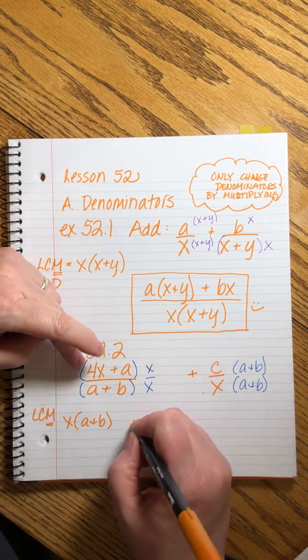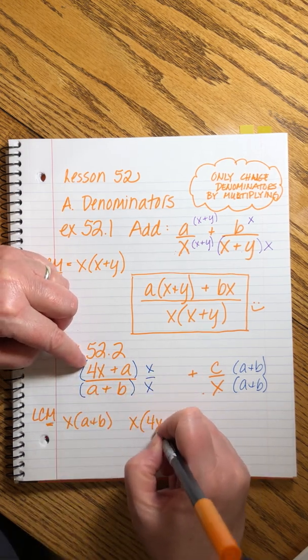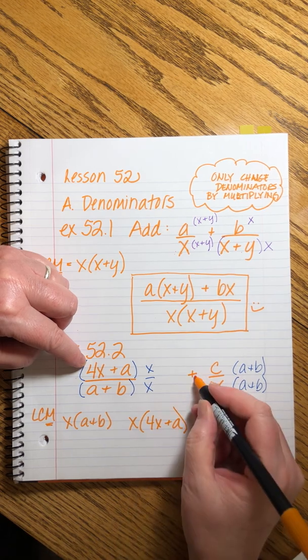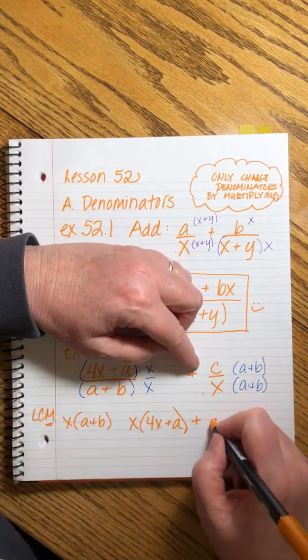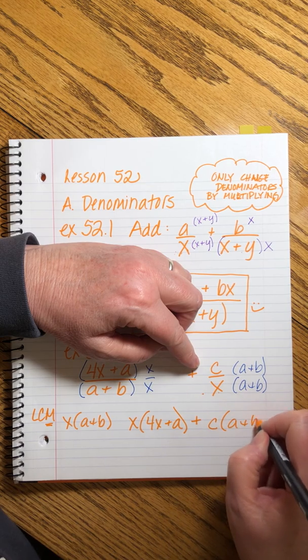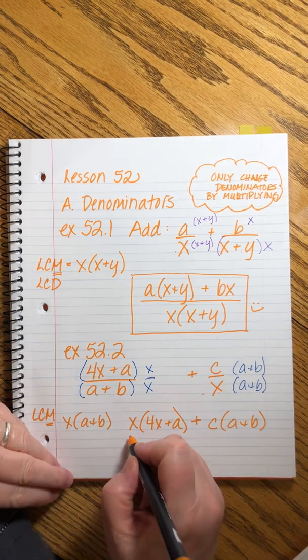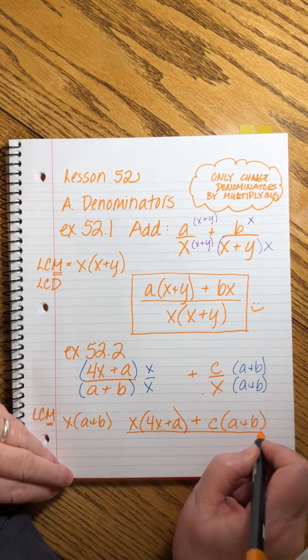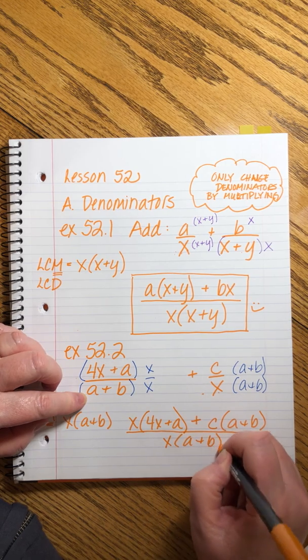So I'm going to just write this in the order I like, though I like the x to be in the front. And then I can add it, because I know the denominators match, so I'm putting it all into one big thing. C times the quantity a plus b. And I know that's going to all go over the denominator of x times the quantity a plus b.